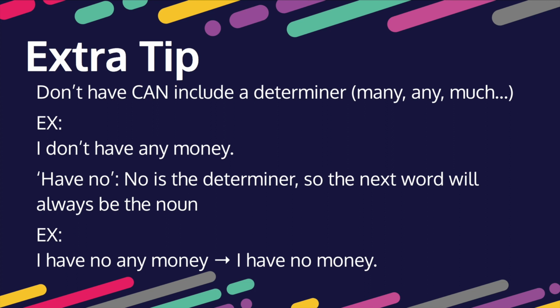So the next word will always be the noun. This would be wrong. I have no any money. You already have the determiner no. You don't need any. You should just say, I have no money. So when you use have no, the next word will pretty much always be the noun.